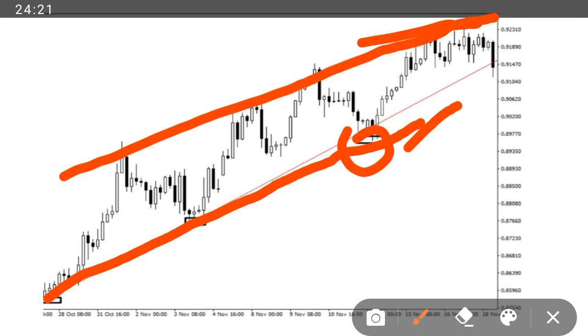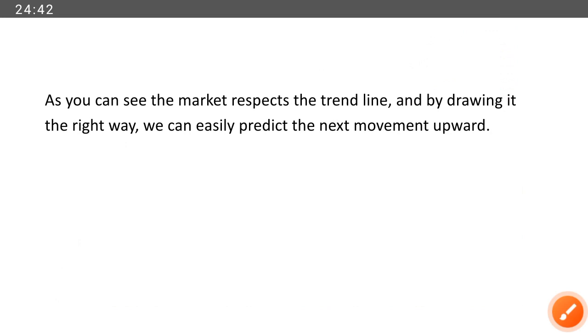So this line is serving as what? As resistance. While the one down here is serving as support. As you can see, the market respects the trend line. And by drawing it the right way, we can easily predict the next movement upward.